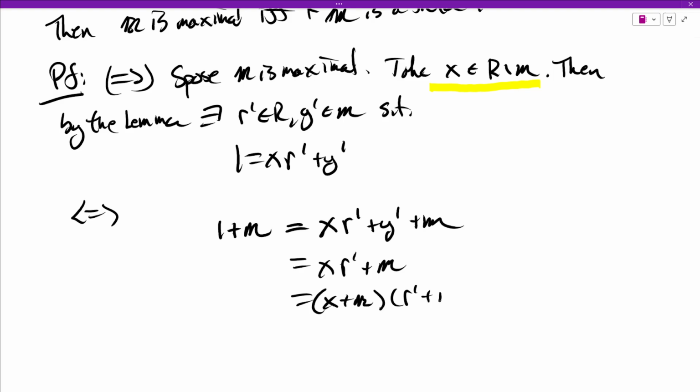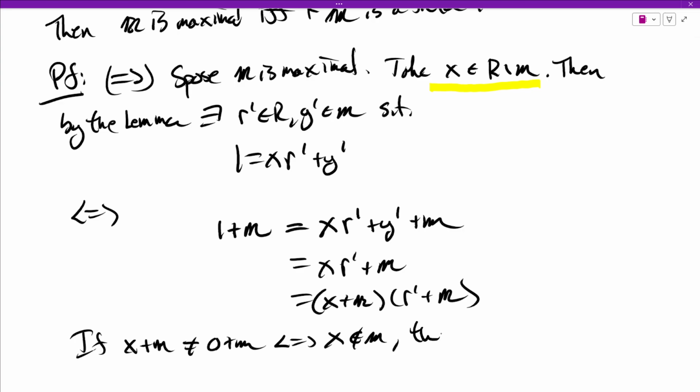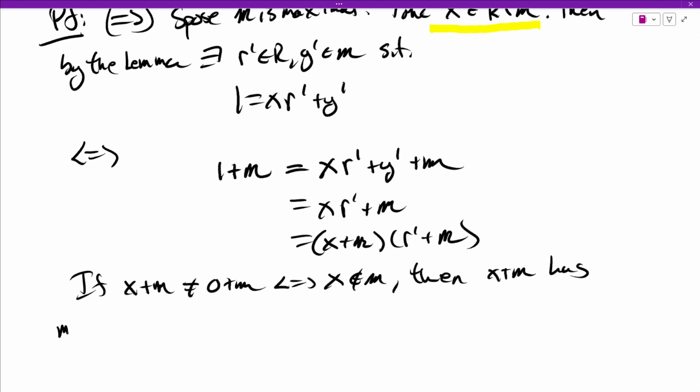Sorry, my M's are getting worse and worse. So this is saying if x plus M is not equal to 0 plus M, equivalently x is not in M, then x plus M has multiplicative inverse r' plus M. Thus R mod M is a field.